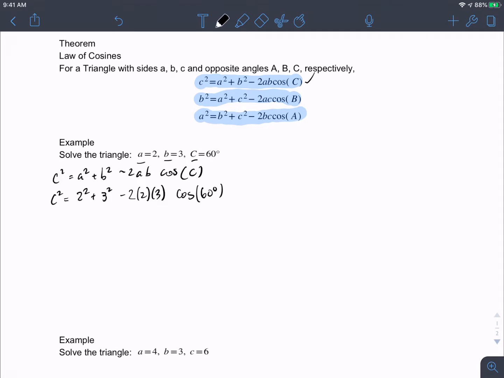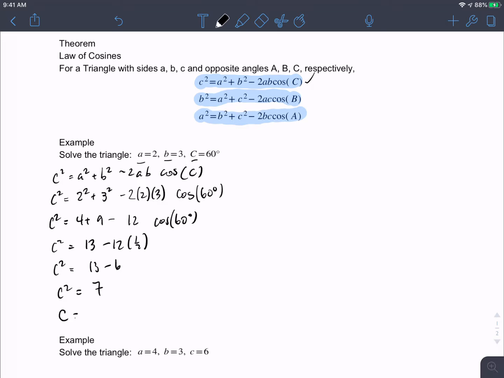So clearing that up, I'm going to get C squared is equal to 4 plus 9 minus 12 cosine of 60 degrees, and that's C squared is equal to 13 minus 12 times 1/2, which is 13 minus 6, or C squared is equal to 7.